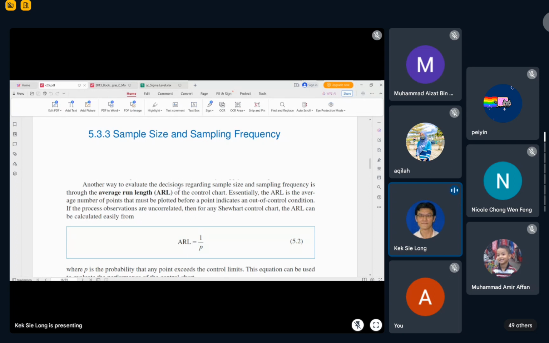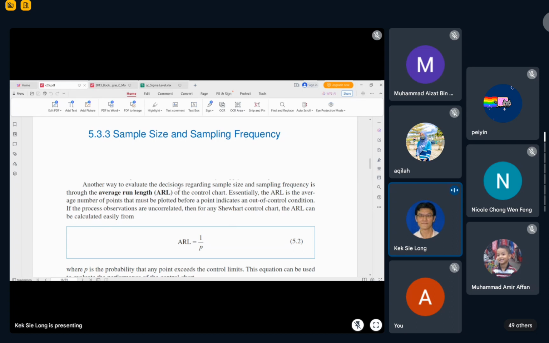If you still remember, sample size is the number of points we take in a sample, or we say the number of points in a group. The group refers to the sample. A sample is a group of collective data.